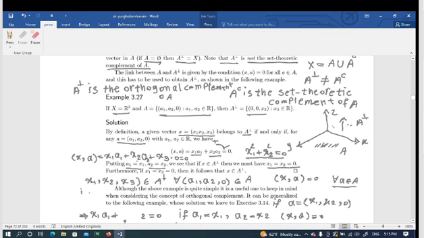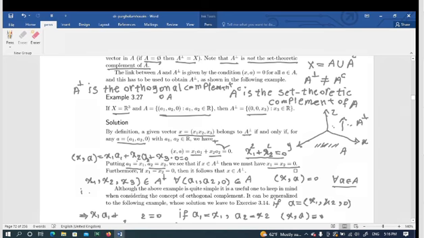And because a1 and a2 are arbitrary, we can choose, for example, a1 to be x1 and a2 to be x2. So x1 squared plus x2 squared must be 0.